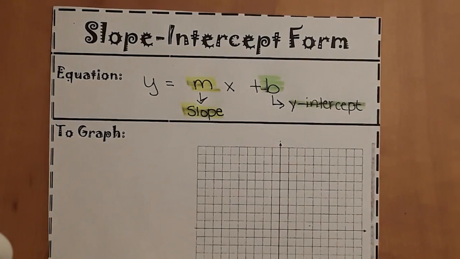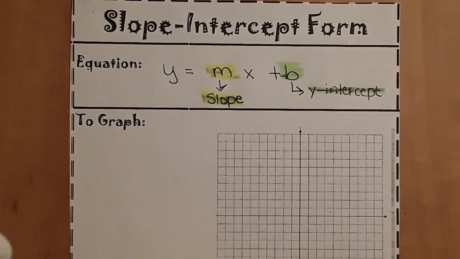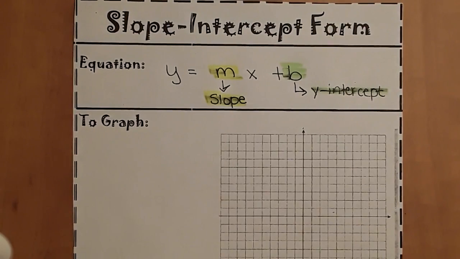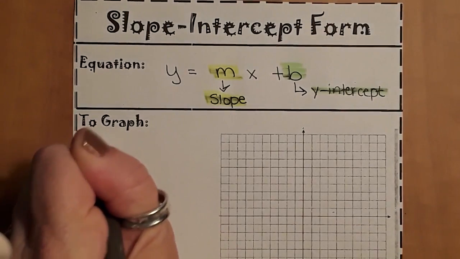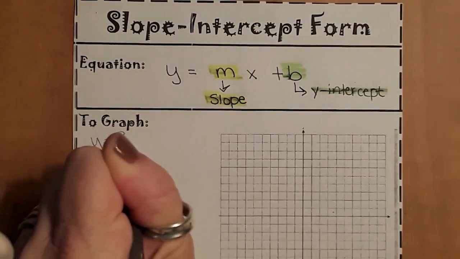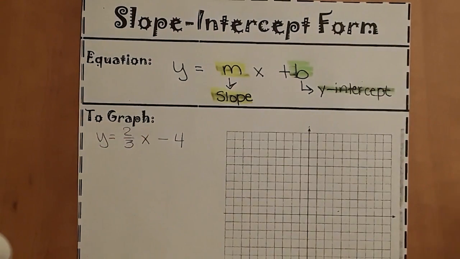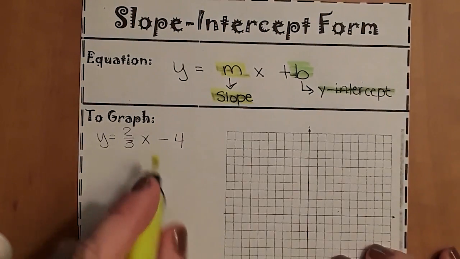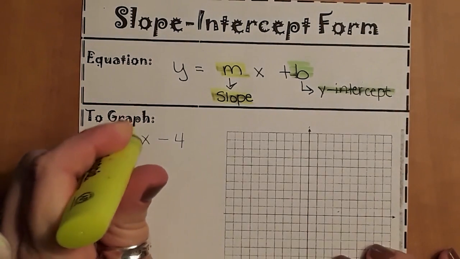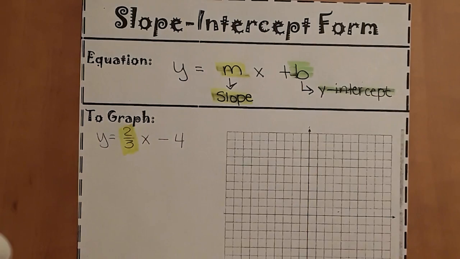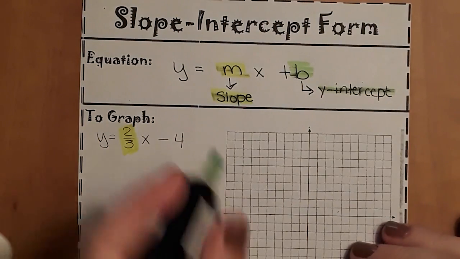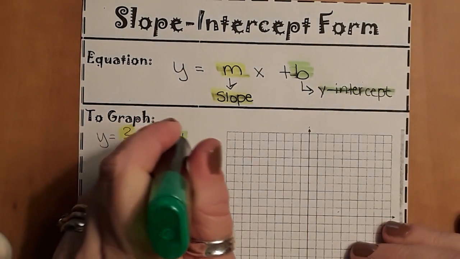All right, so to graph, we need an equation that we're going to graph. So my equation that I'm going to use is y equals 2/3 x minus 4. Highlighting your slope is 2/3. And your b, or y-intercept, is -4.